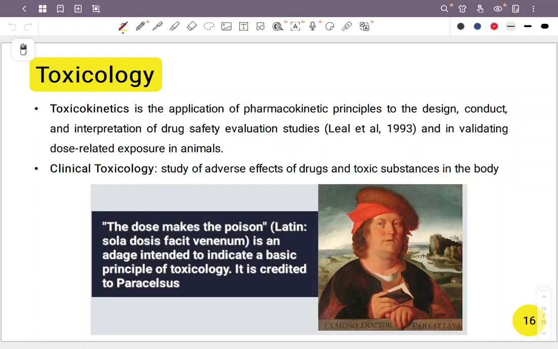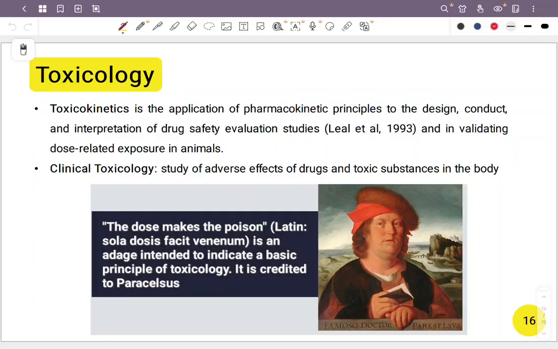Sige, another term is our toxicology, which has different branches. So, first is our toxicokinetics. This is the application of pharmacokinetic principles to the design, conduct, and interpretation of drug safety evaluation studies and in validating those related exposure in animals. Pero, in simple terms, toxicokinetics is pharmacokinetics in the toxicology nga branch, and ana lang.